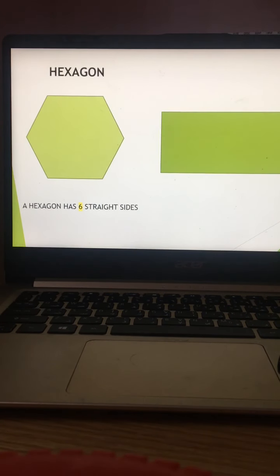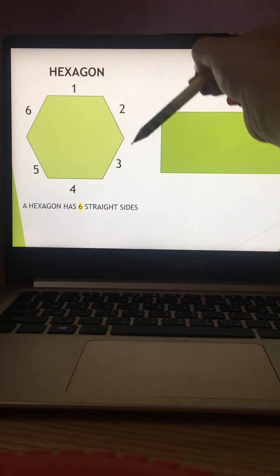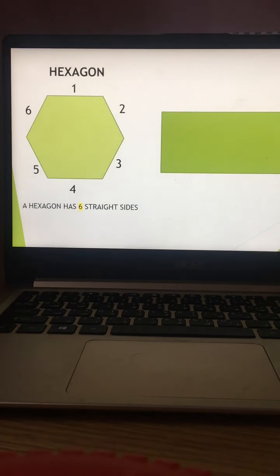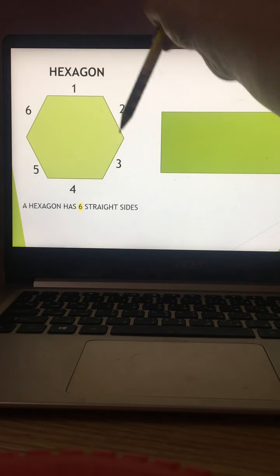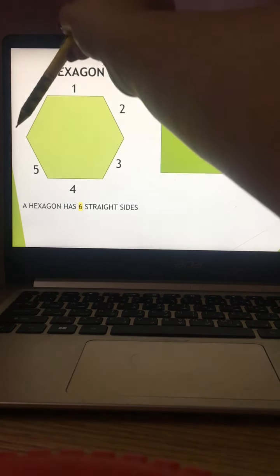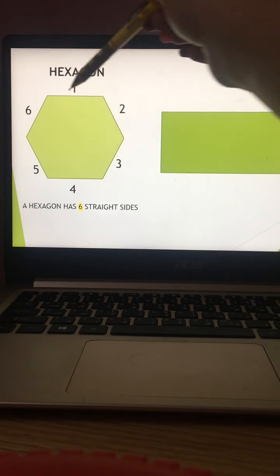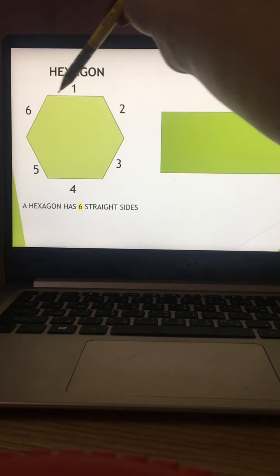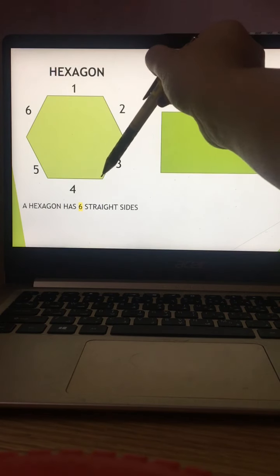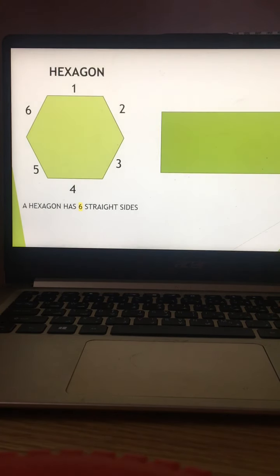What do we mean by sides? Let's see together. This is the first side, the second side, the third side, fourth side, fifth side, and sixth side. These are known as the sides of the shape, which means the straight lines that you can see in a certain shape.